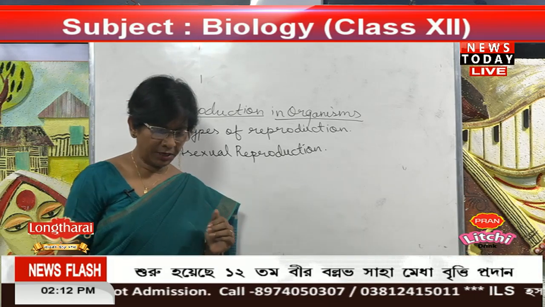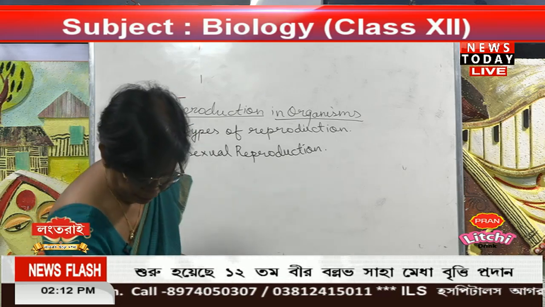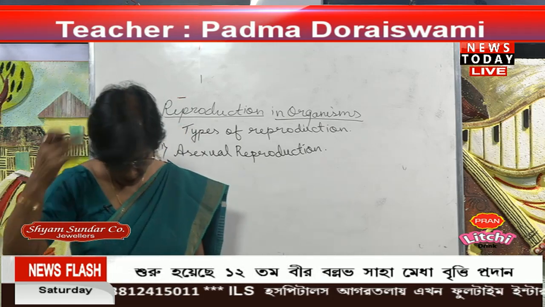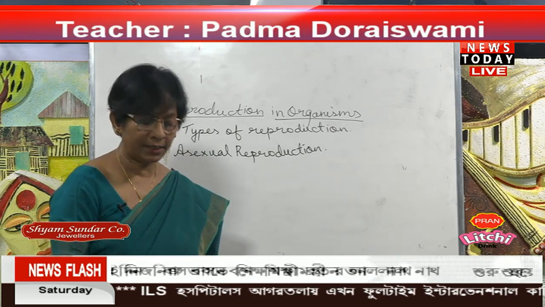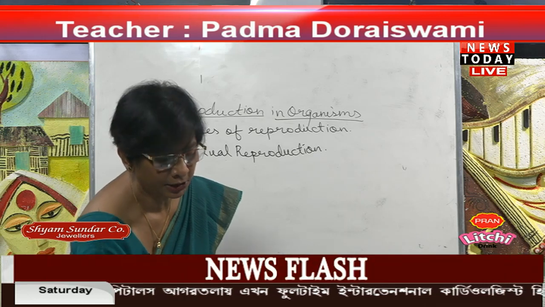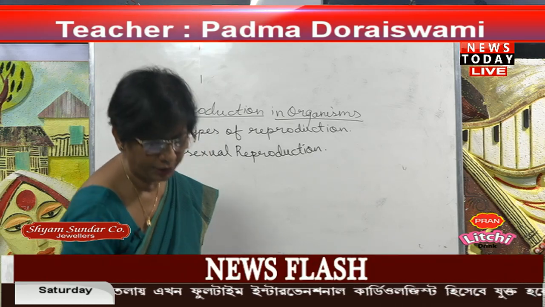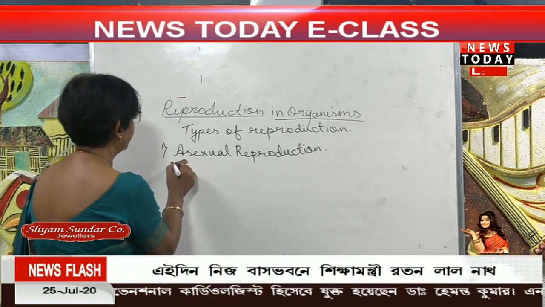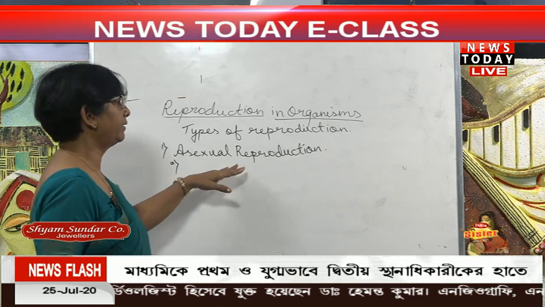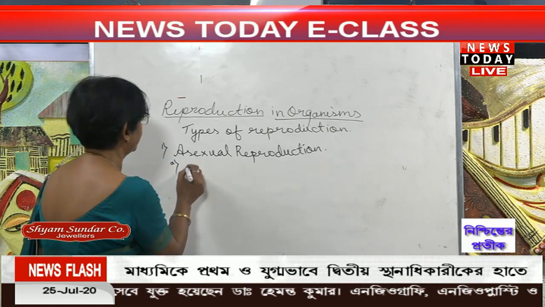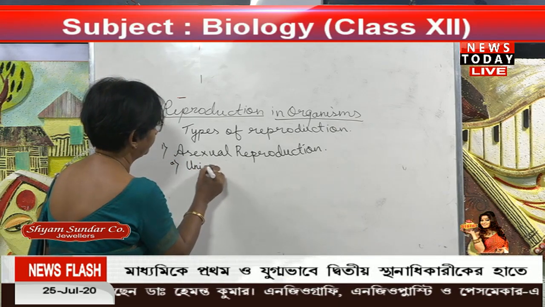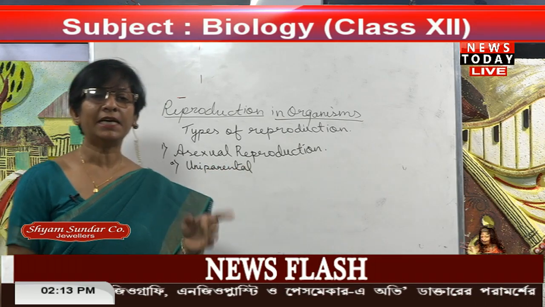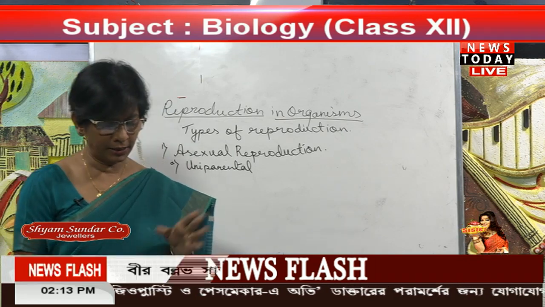So, asexual reproduction is the process by which reproduction takes place without the formation of gametes. It also has some characteristics. The first characteristic is uniparental, that means only a single parent is needed, not two.